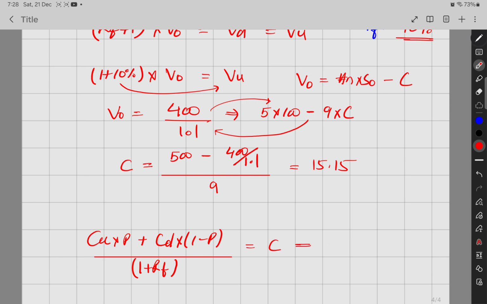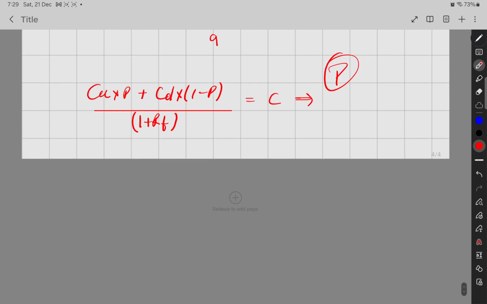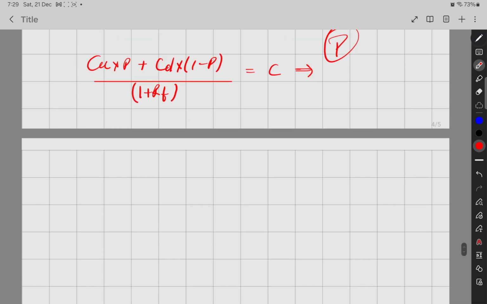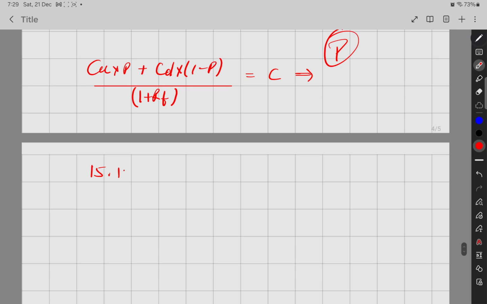And here we solve for P to get the probability of this happening. How do you get that? You get it by 15.15 times 1 plus RF equals, since CU is 25, we just attach a probability to it, and since CD is 0, you do not need to do any hard lifting here.